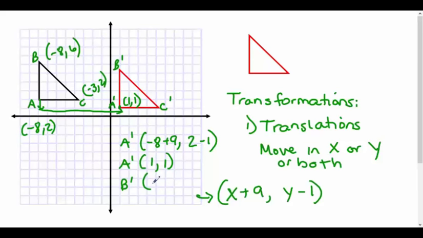We add 9, so we're at 1, and then we take our 6 and subtract 1, which makes it 5. Then our C prime would be negative 3 plus 9, so now we're at 6, and we take our 2 and subtract 1, which puts it at 1. That gives you the 3 new points of your triangle based on the rule that you established by looking at where it moved to.